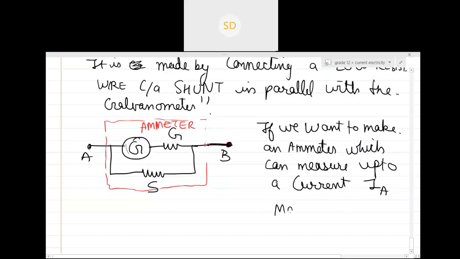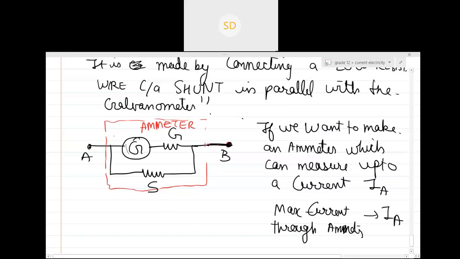So will the maximum current through the ammeter be IA? Yes or no, guys? Are you understanding this particular thing? If you want to make an ammeter which can measure up to current IA, that implies the maximum current through the ammeter should be IA. Yes or no?